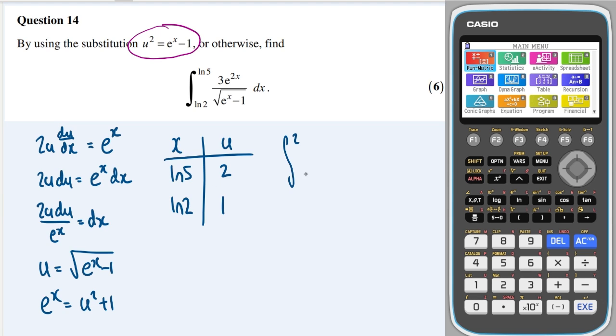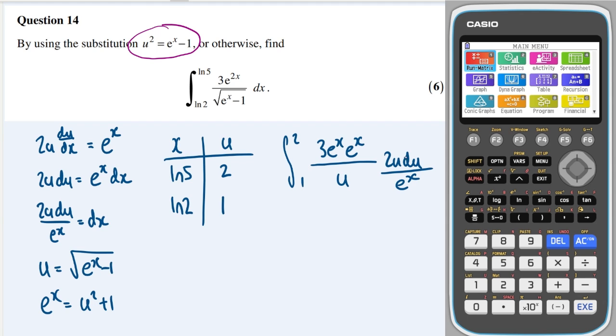Okay, now to do the substitution. So I'm going to have 2 and 1 on top. I'm going to have 3 e to the 2x. Now I can write that as 3 e to the x times e to the x. And that's all over the square root of e to the x minus 1, which we've just shown here is u. And we've also got dx, which is 2u du over e to the x.